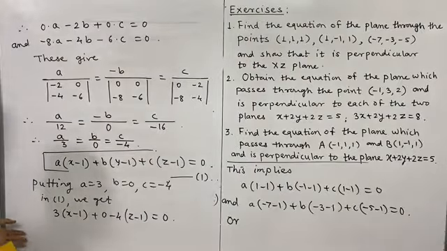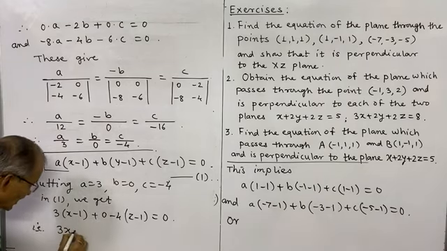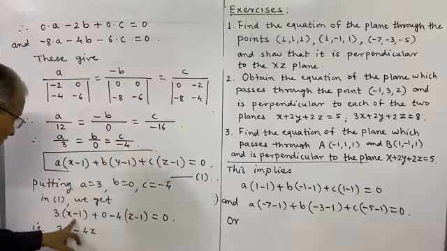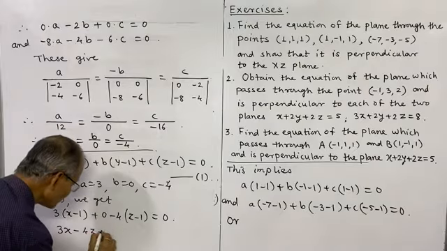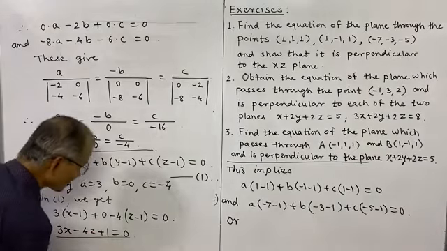Or after simplifying, what is the equation? That is 3x, this is 0, minus 4z, and what is the constant? You see minus 3, and this is plus 4, that means plus 1 is equal to 0. So this is the equation of the required plane.